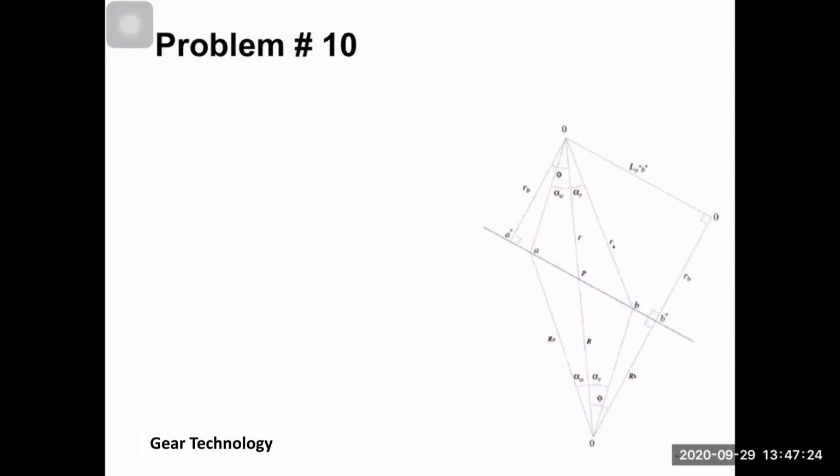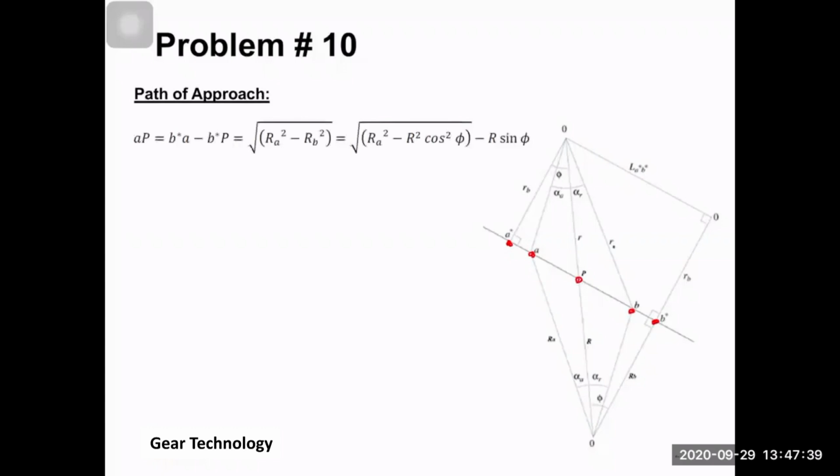So remember this graph from before. We have point A star, B star, point A, point B, then point P. And then we have the relation between them. We don't need to derive this again, but this is the equation for the distance AB. So from A to P, from here to here, this is the equation.